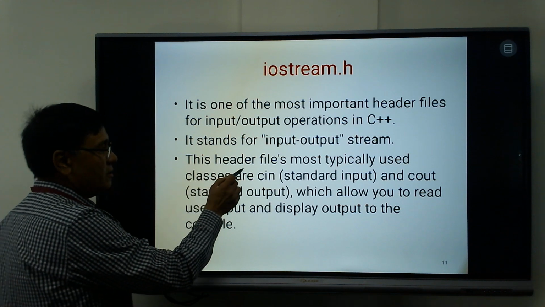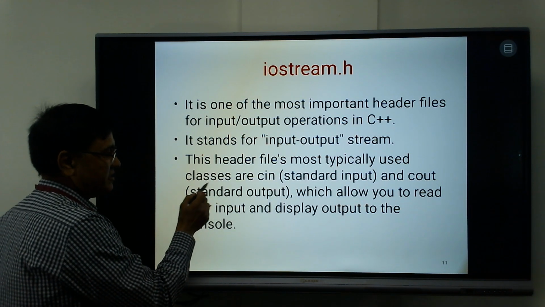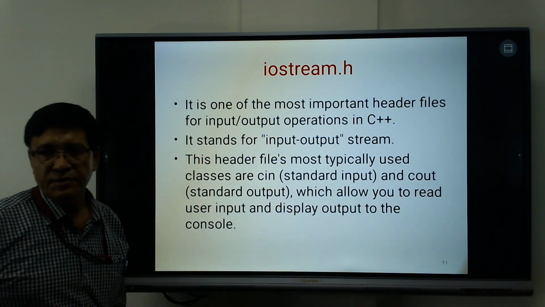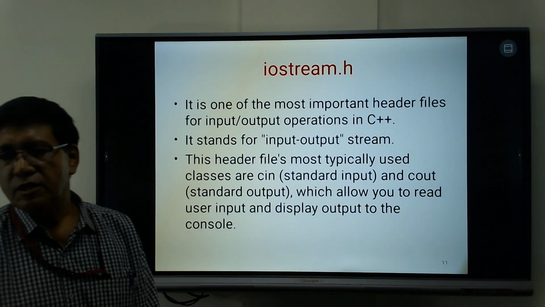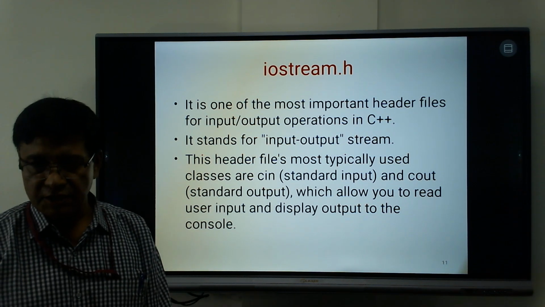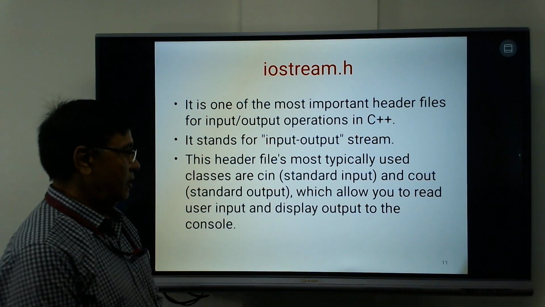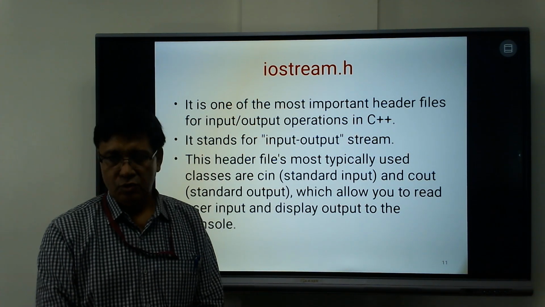The most typically used classes in this header file are cin, standard input. What is the meaning of standard input? It means the cin statement is used for taking input from standard input devices. The standard input device is always the keyboard. Similarly, the cout statement is used for standard output.